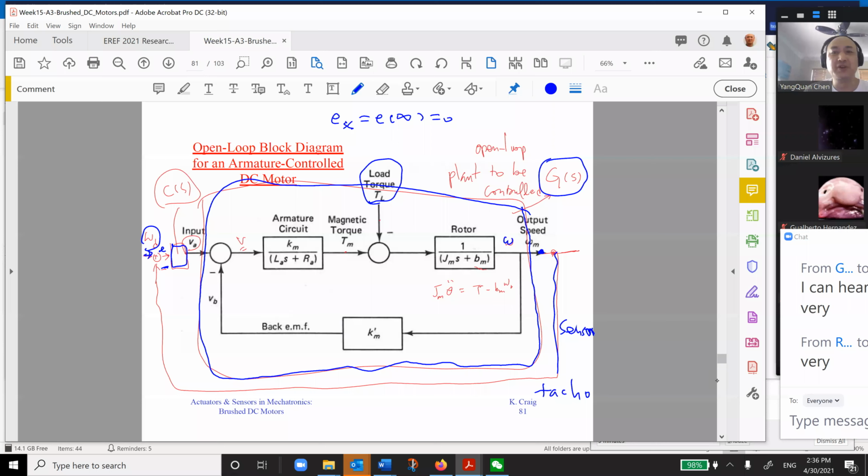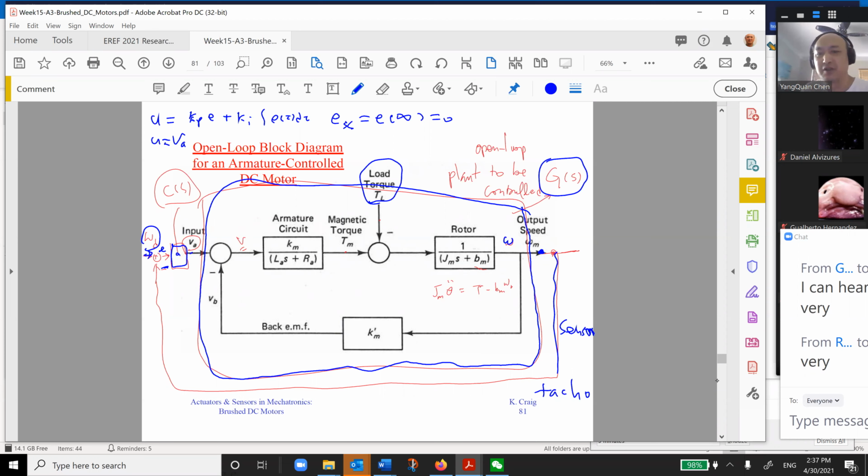You have to have an integrator in here, like KP times E plus KI times the integration of E. This is called PI control. The control signal is U, and the U is actually my VA. The U is the output of my controller.